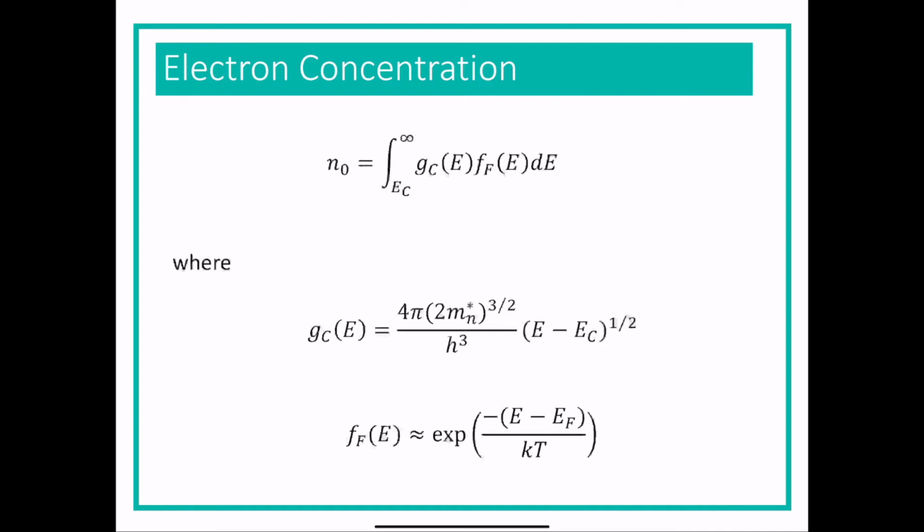The density of states function you've seen before, you've used it before, and then it's just multiplied by the square root of E minus EC. I do it to the 1/2 just because it's easier to deal with. And then the Fermi-Dirac function, we use the approximation version, where we take the exponential of minus (E minus EF) over kT.